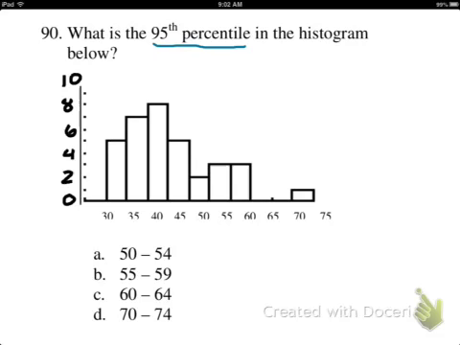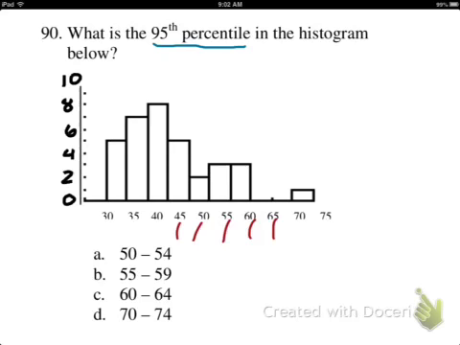And so you have 5 people who were 30 years old when they received it, 7 people who were 35, and so on as you go down. So what it's asking us to do is find at which age, so which of these ages, will you find 95% of the people are below that age. Okay, so let's figure it out.